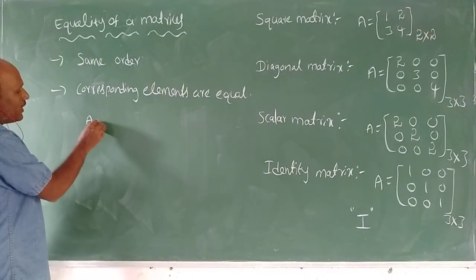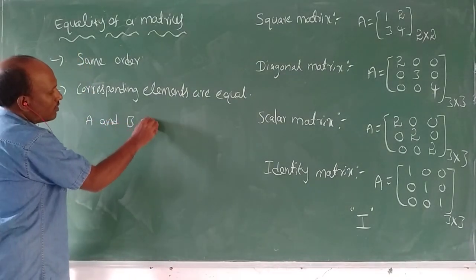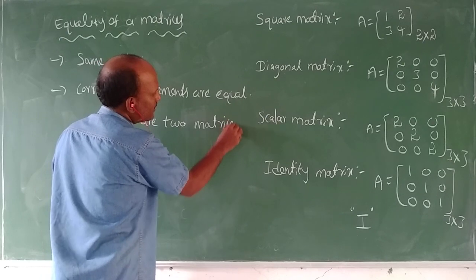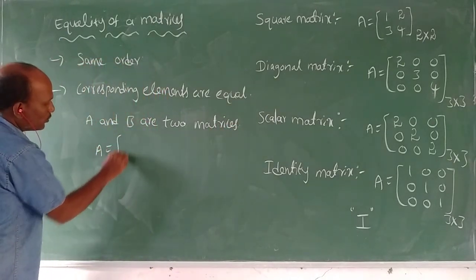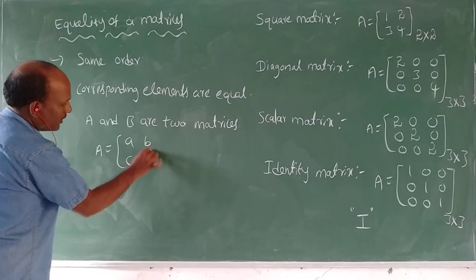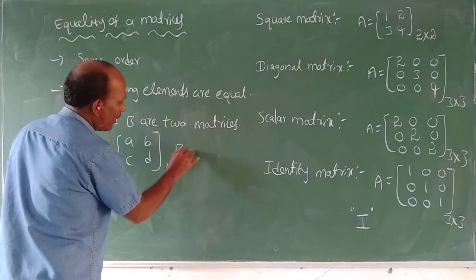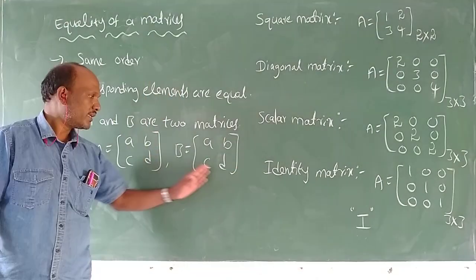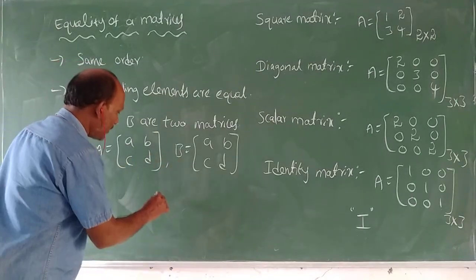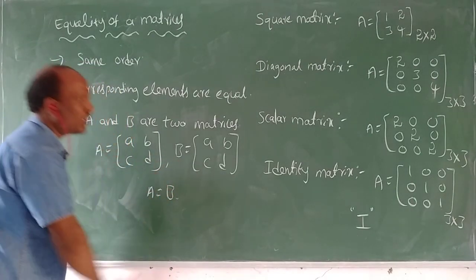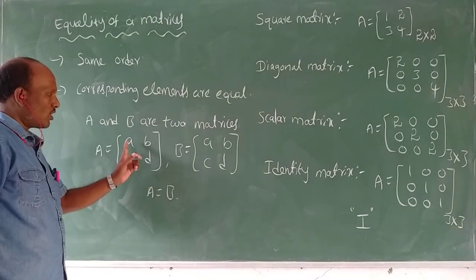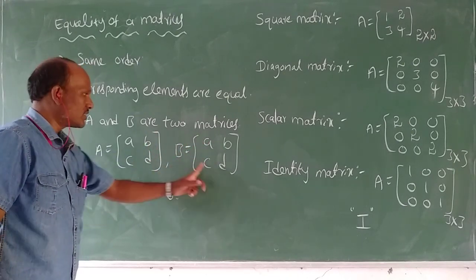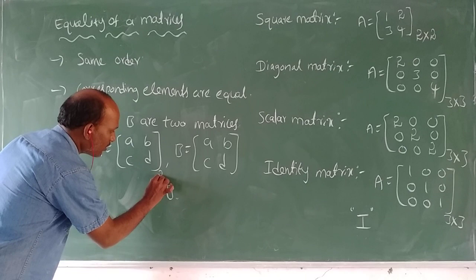Suppose capital A and capital B are two matrices. Capital A equals A, B, C, D. Capital B is also A, B, C, D. Both are equal matrices, capital A equal to capital B. Corresponding elements are equal: A, B, C, D. The order is also the same, 2 by 2.